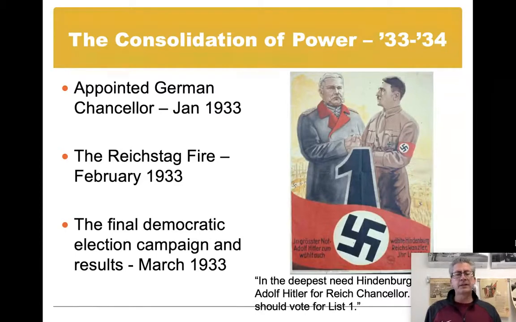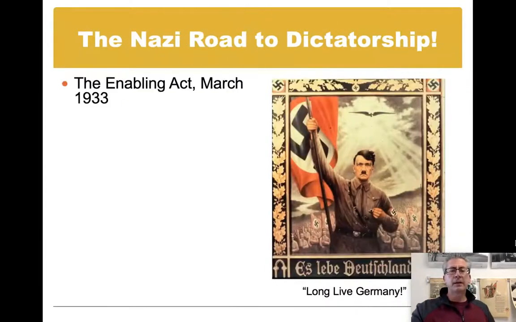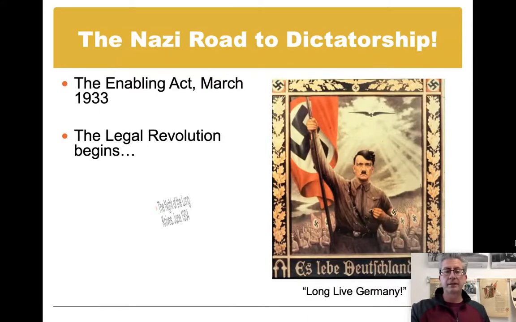The final democratic election occurs in March of 1933, and it is a big Nazi win, 288 seats now. It's, again, not a pure majority by any means. Other nationalist groups will work with the Nazis to be able to silence those political groups in the center or on the left side. And so now the road to his dictatorship is really created here.